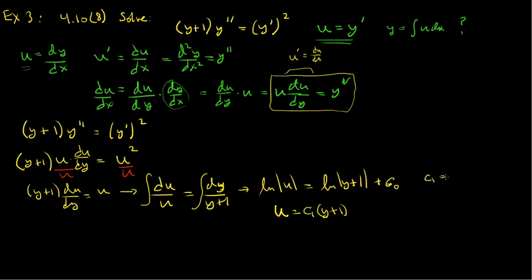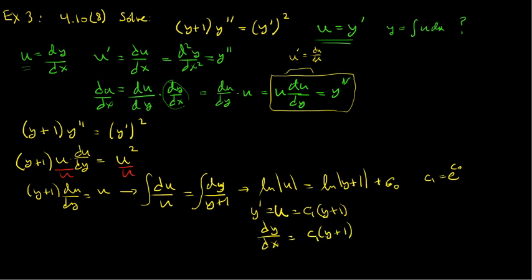So I'll call that c1, which is just e to the c0. Okay, so far, again, we're not done because we want to solve for y, but just as before, remember u is just y prime, and in this case y prime refers to the derivative of y with respect to x. So y prime is c1 times (y plus 1).